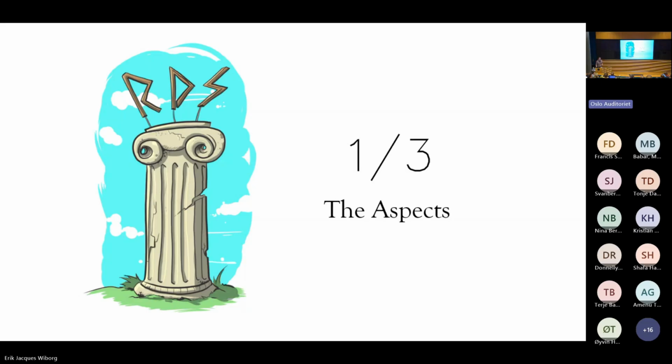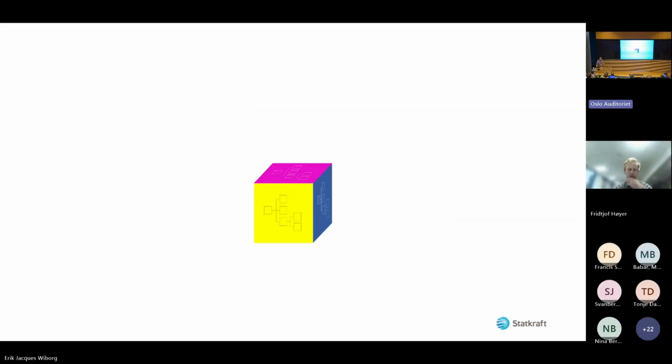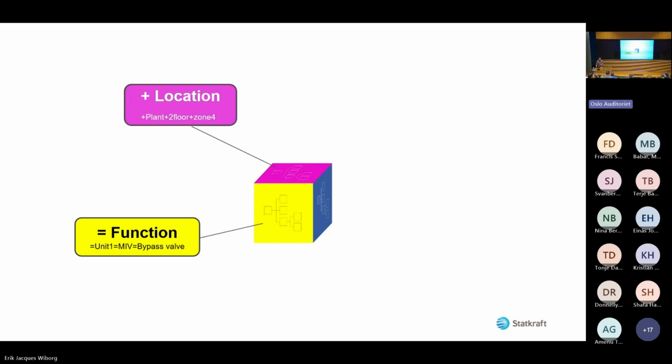There are three main pillars to the standard. The first one is these aspects. Any object, and here comes our mascot, the cube, representing an object or a system, has a function and a structure that would make it fit into the big whole. It has a location, and it has a product.